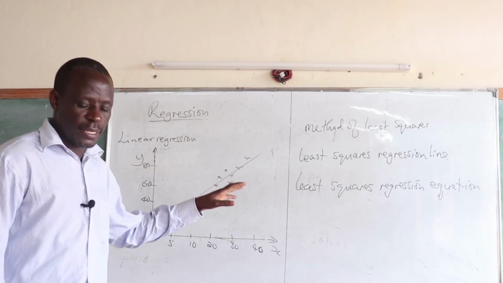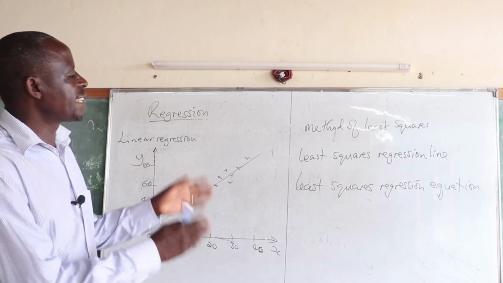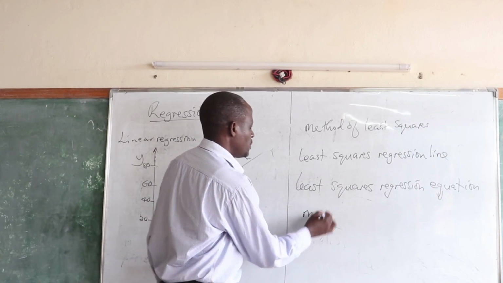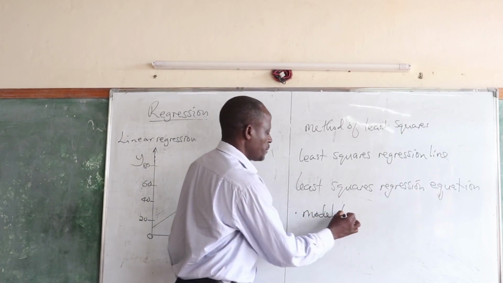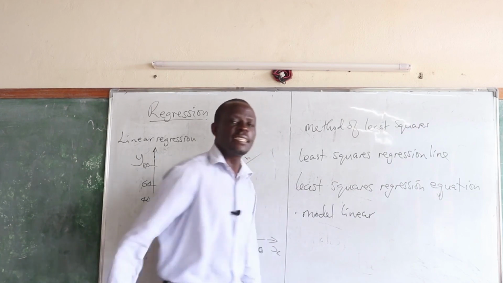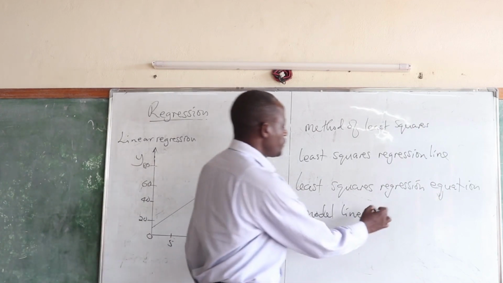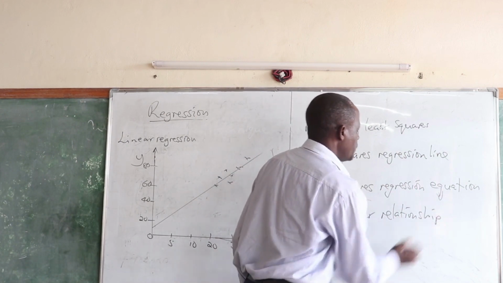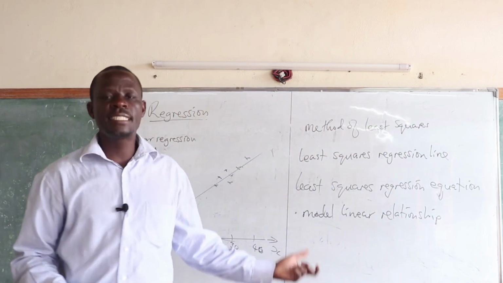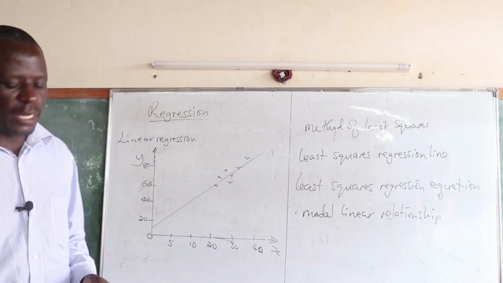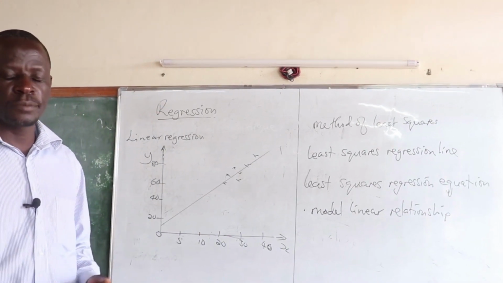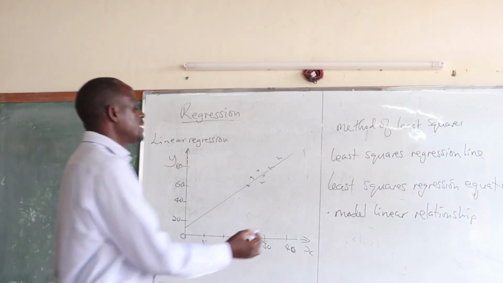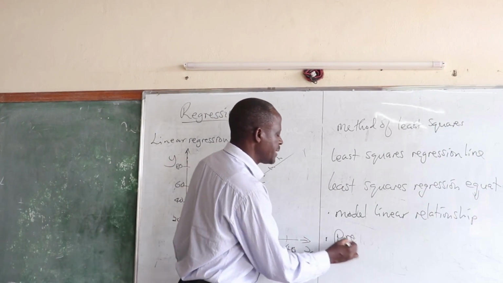By calculating the least squares regression equation, we can be in a position to model the linear relationship between two variables, but at the same time, be in a position to predict.